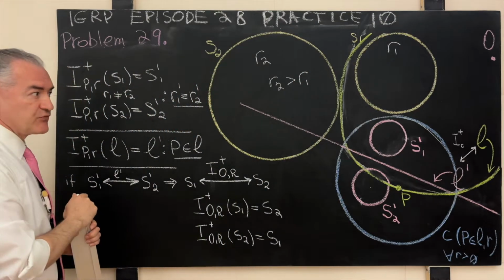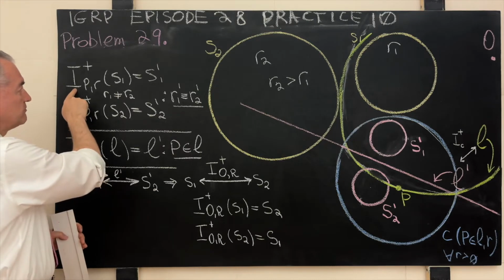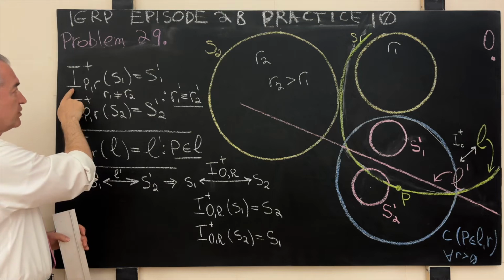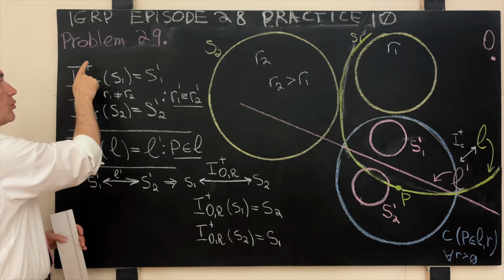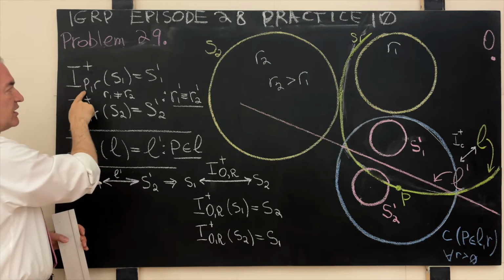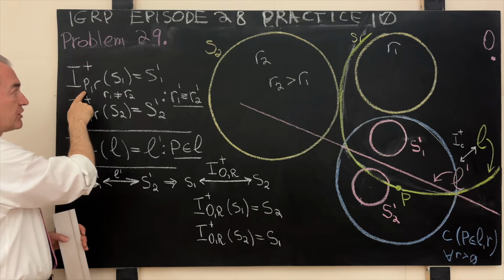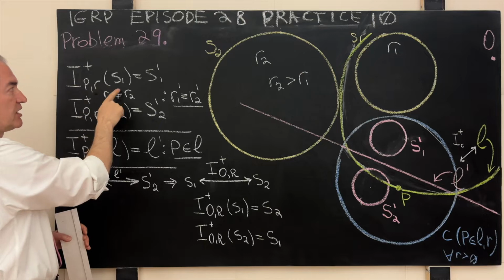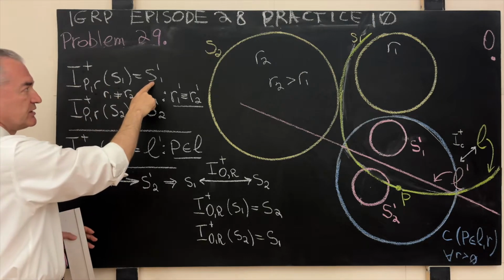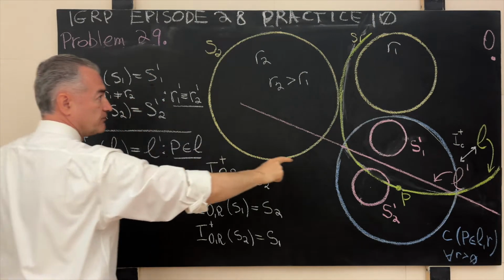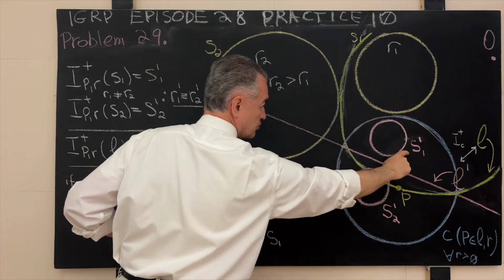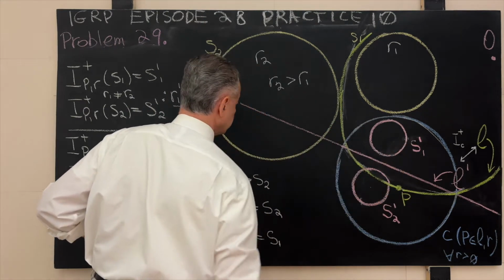Then in this problem, we seek a mystery for now inversion of the plane symbolized with the letter uppercase I with positive power in the center P, which is not known for now, and the radius R, also not known for now, such that the circle S1 is taken into the circle S prime 1, shown in red over here.